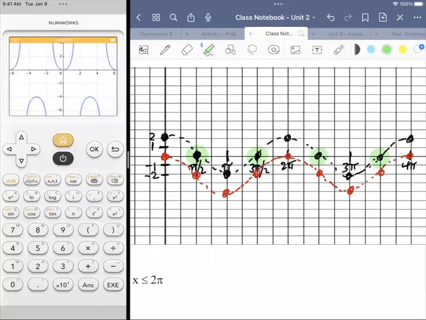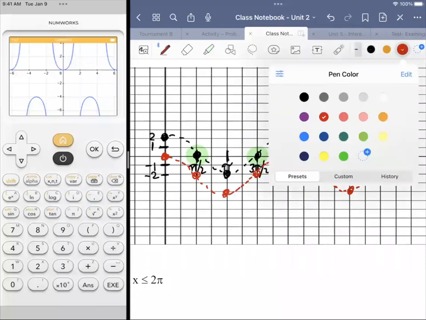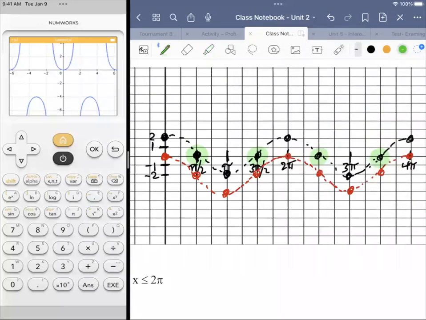All right. So what I can do before I get into my vertical shift is establish where my vertical asymptotes are going to be. I'm going to use hopefully a pretty pronounced color to make it a little thicker.